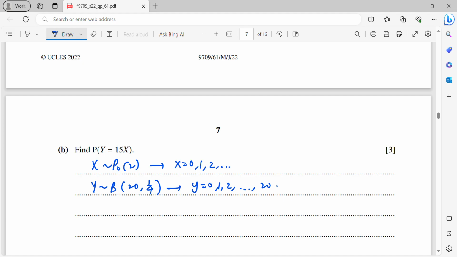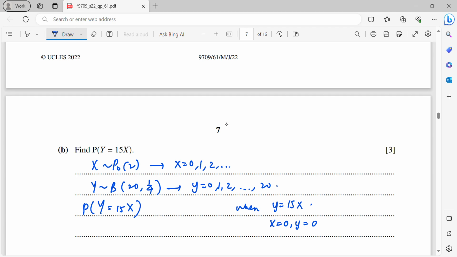Okay, so now you need to count P(y equals 15x). When y equals 15x, it's only possible when x equals 0, your y is 0.